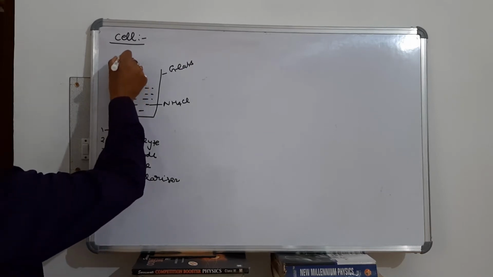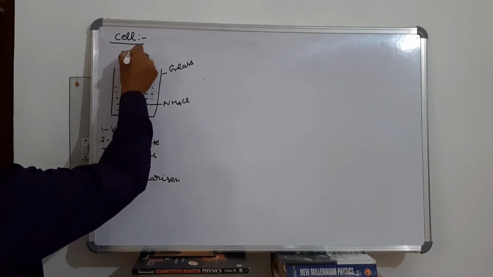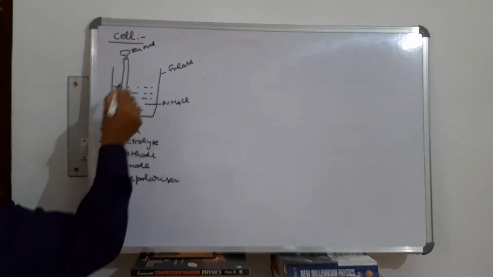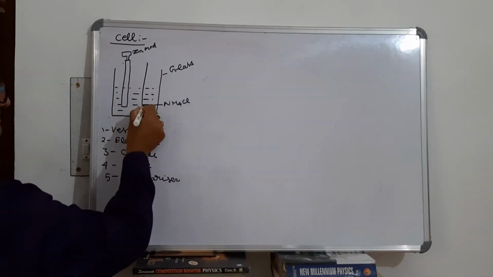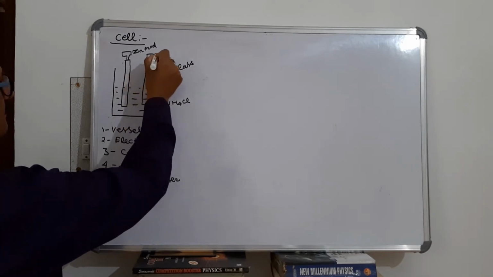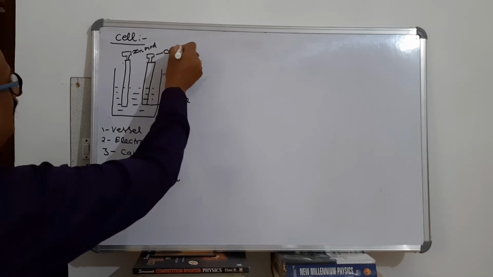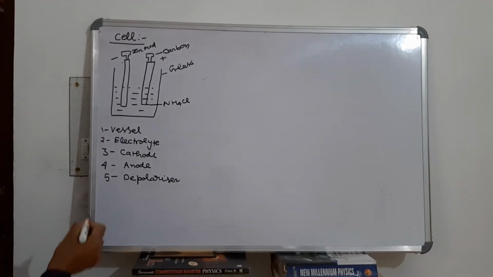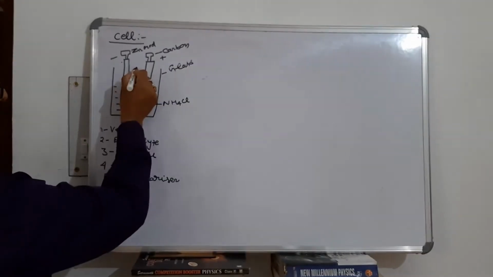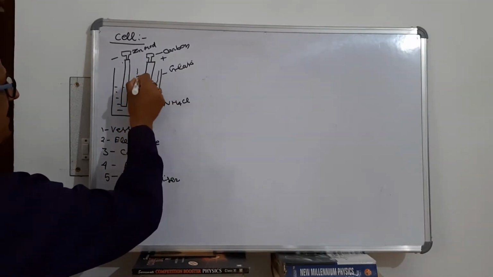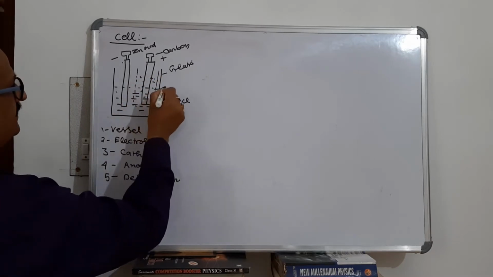And the anode is a carbon rod. The carbon rod is surrounded by manganese dioxide powder in a porous pot. Manganese dioxide acts as a depolarizer.